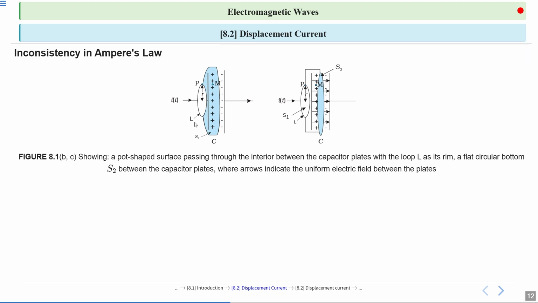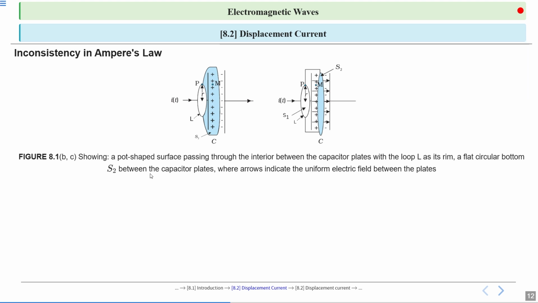This loop L is the opening of the pot, and this is the closed surface of the pot. This pot is placed somewhat like this, with the opening outward from the capacitor plates, and the bottom of this pot is placed inside the space between the capacitor plates. But this surface is not touching the current anywhere.